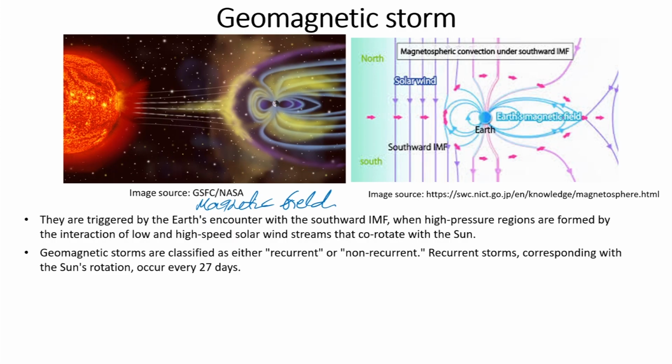Recurrent storms correspond with the Sun's rotation, which, as I said, is 27 days at the polar region and 25 days at the equatorial region.